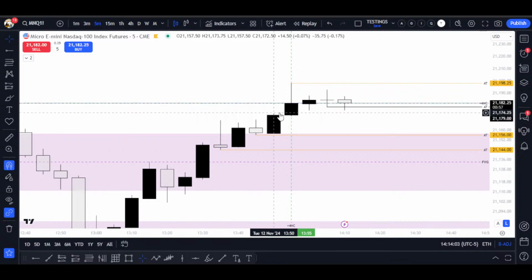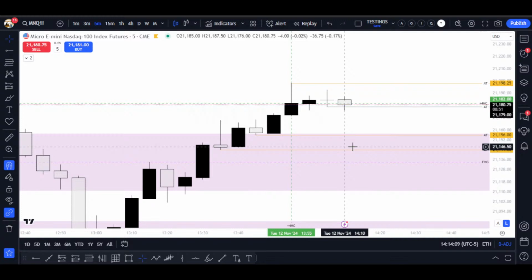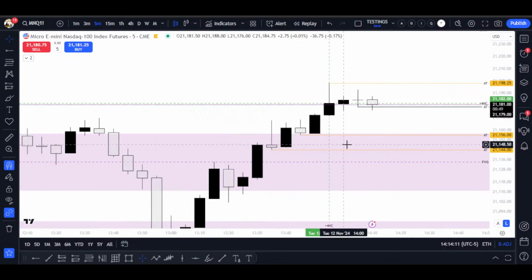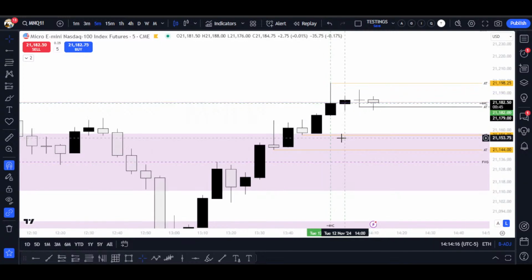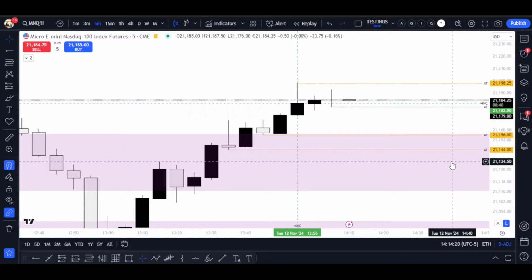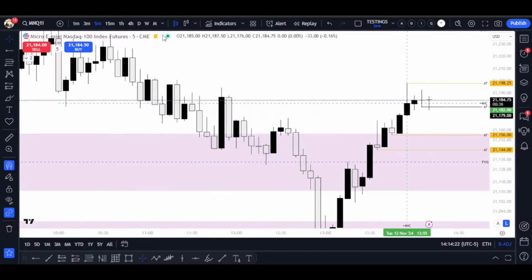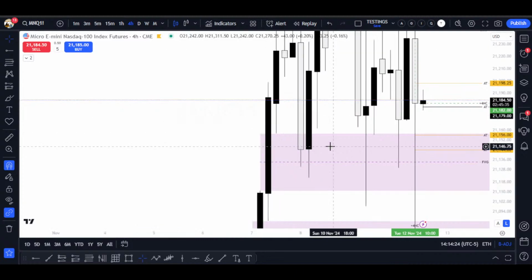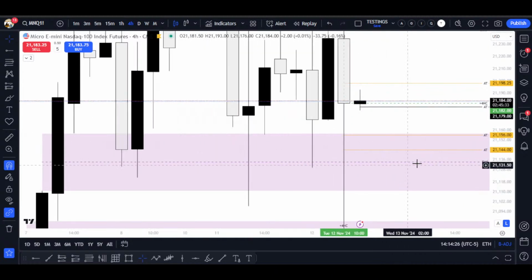You would have been aiming for that high. You would have got it, but it wouldn't have been a lot of money. So that's why I do it on the 4 hour candle, to give me a large enough range. And let me annotate some of these here.